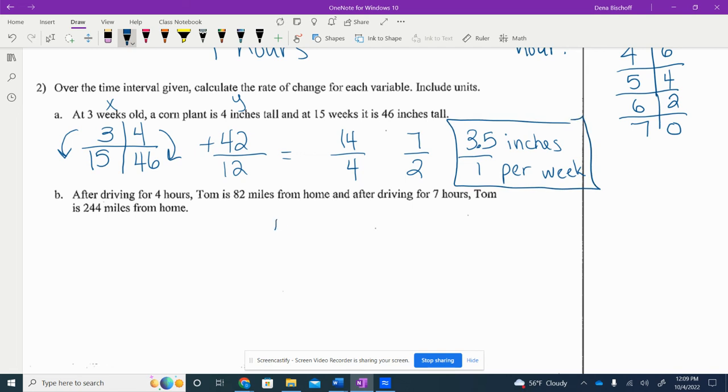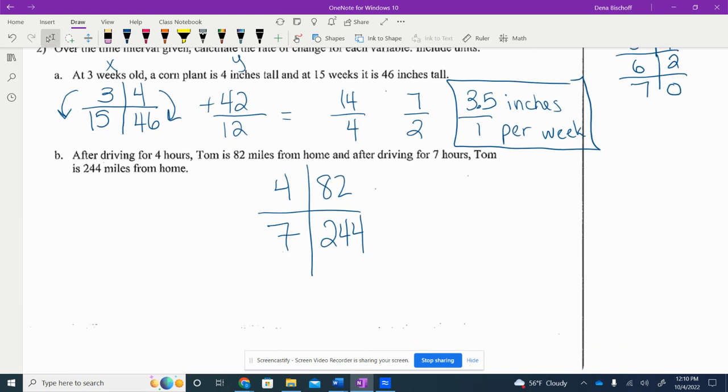After driving 4 hours, Tom is 82 miles from home. He drives for 7 hours and he's 244 miles from home. Let's talk about our rate there. Someone needs to calculate that because my brain is tired. 244 minus 82 is 162.